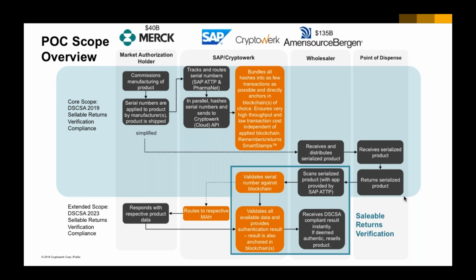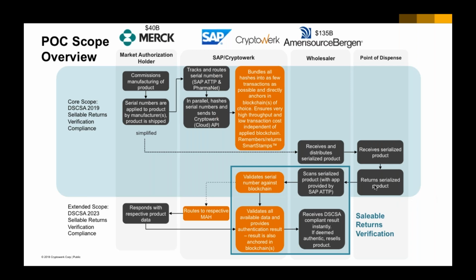So we took these 300,000 hashes, which in this case we got from SAP. As I said, the data was already flowing. For implementation's sake, Merck only needed to nod and say, yes, you can hash this data in SAP and give the hashes to CryptoWork to put into Ethereum. That was the implementation part. And so we put this into Ethereum and Hyperledger.